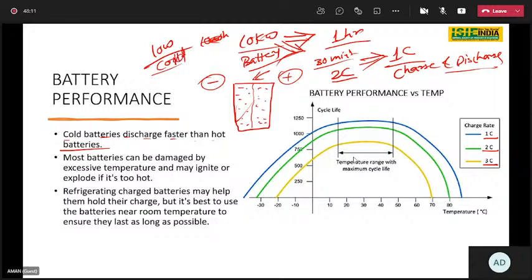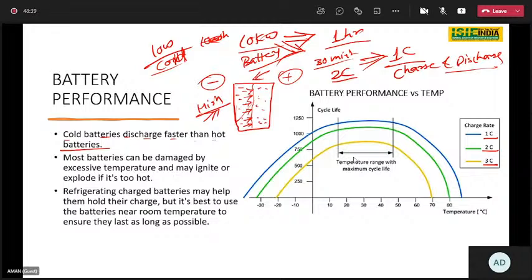In the cold condition, this electrolyte is somewhat inactive, or this particular membrane will not help the ions to pass. And with this, resistance will be high. That is why it will reduce the overall performance, and your battery will discharge faster compared to when the battery is hot in nature.